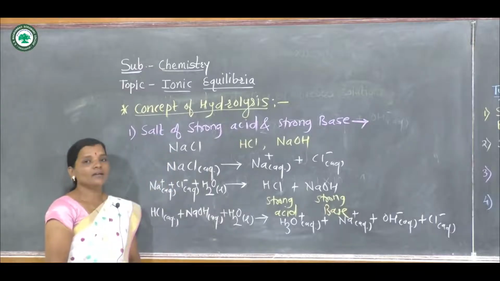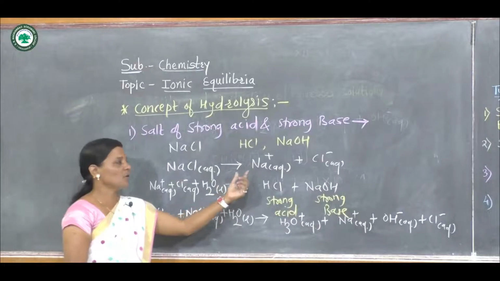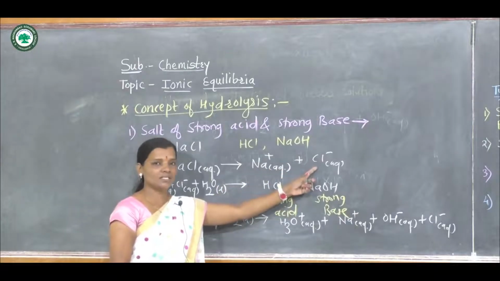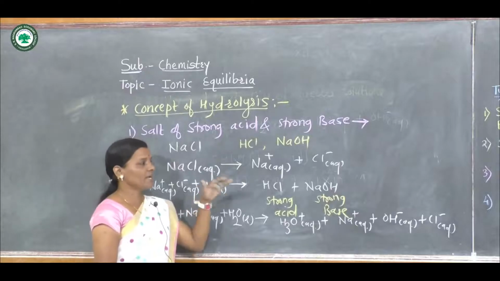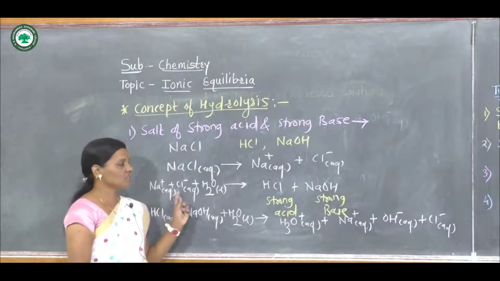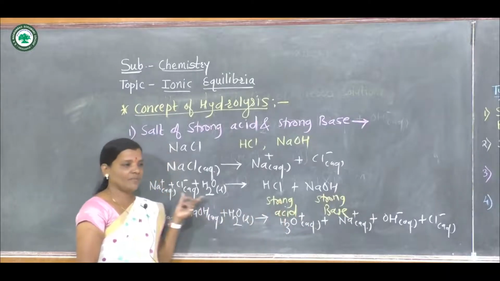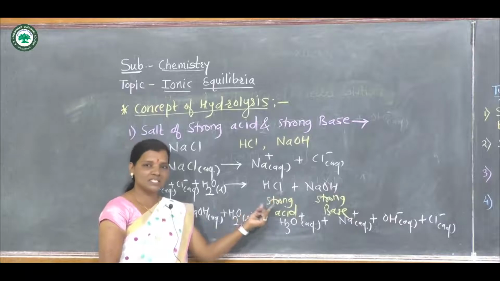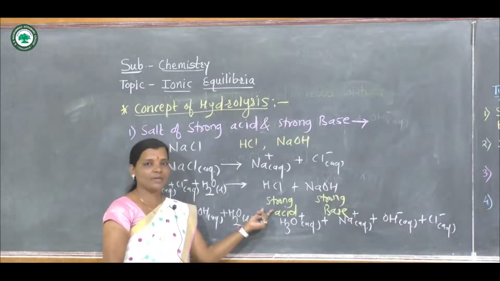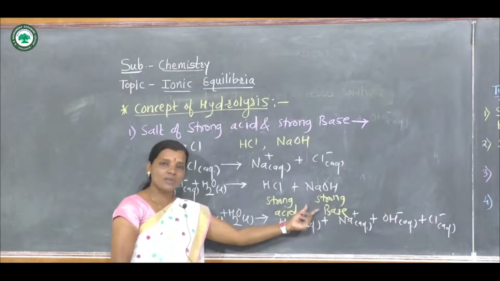Actually here when NaCl is dissociated completely, it forms Na plus and Cl minus ions. Now both these ions do not have the ability to react with ions of water because the possible products are strong electrolytes. When Na plus and Cl minus react with water, we will get formation of HCl, which is a strong acid and a strong electrolyte, and the second one is NaOH, a strong base, which is also a strong electrolyte.